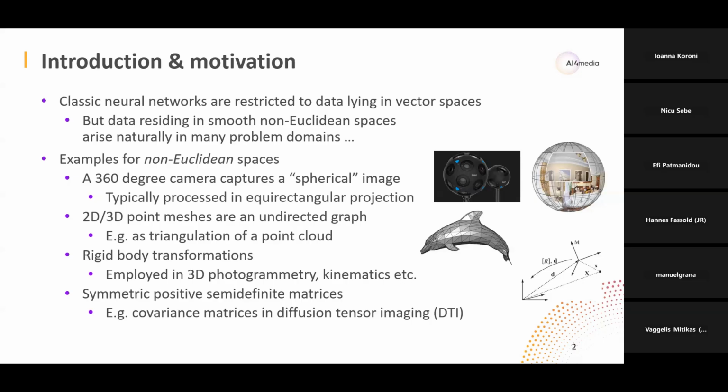And then you have symmetric positive semi-definite matrices, which also arise in a couple of applications as input data. For example, in diffusion tensor imaging, you get those matrices. And they also build a non-Euclidean space.